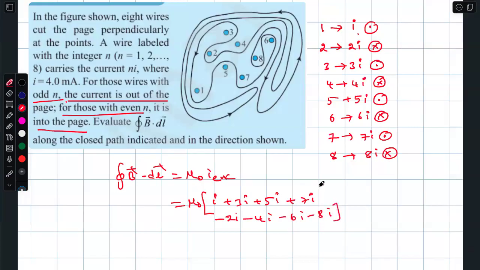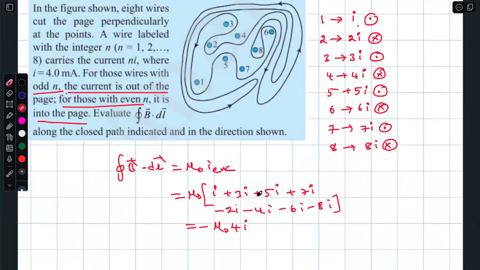That's all. Finally, minus mu naught times 4I. I is 4; you just substitute thereafter. That's all. They are asking only B bar dot dl bar.